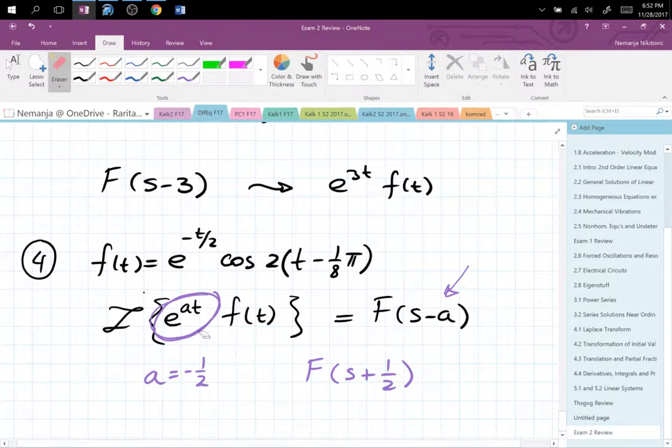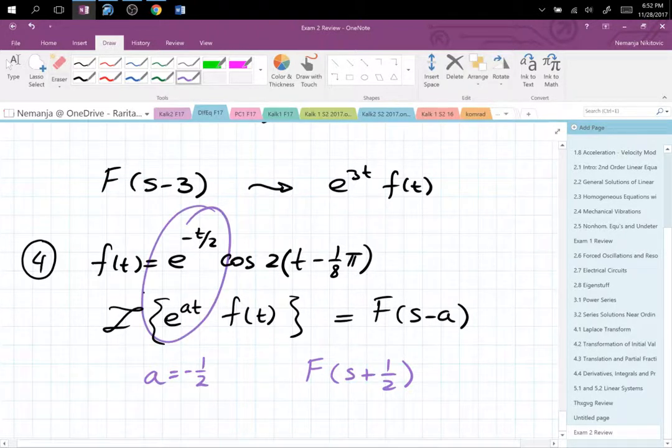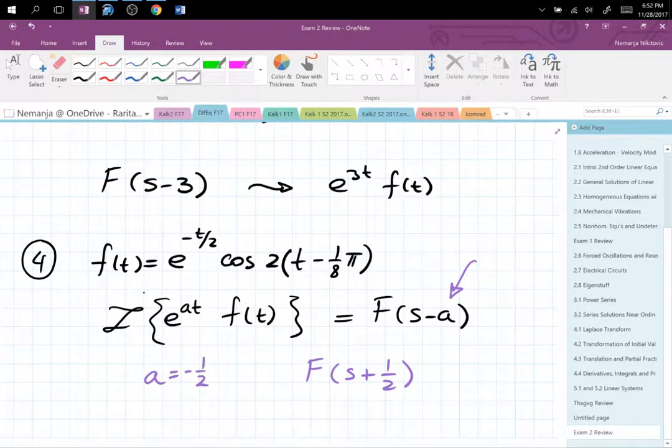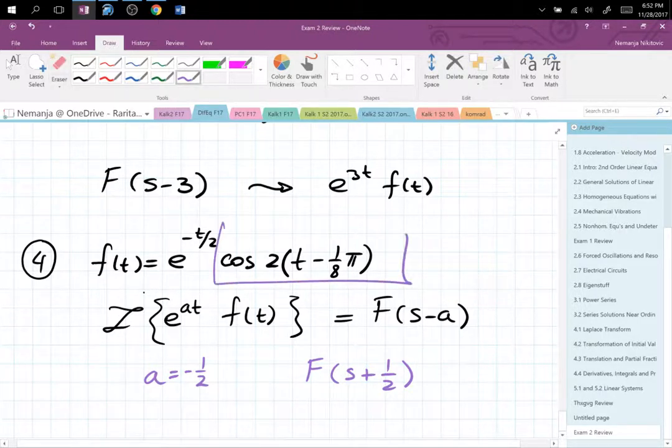By comparing these two terms, I notice that a is negative 1/2. If a is negative 1/2, when I plug in negative 1/2, minus and minus gives me plus, so I have F of s plus 1/2. So all I need to focus on is transforming this part, and then whatever s I get, instead of writing s, I have to write s plus 1/2.